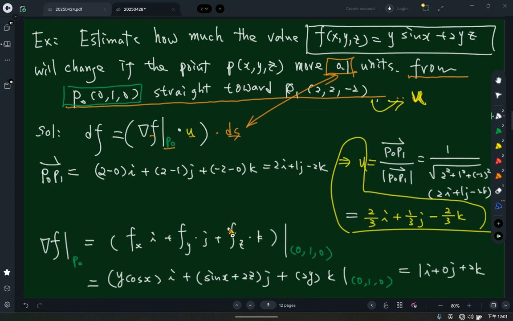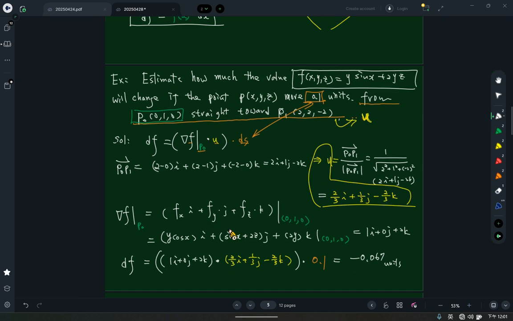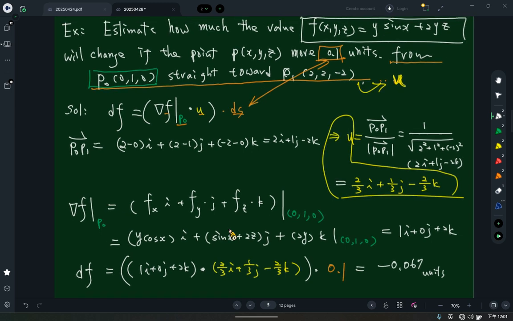So that means based on the estimation, the value will decay by 0.067 units, following this surface, following this small movement, following this direction.